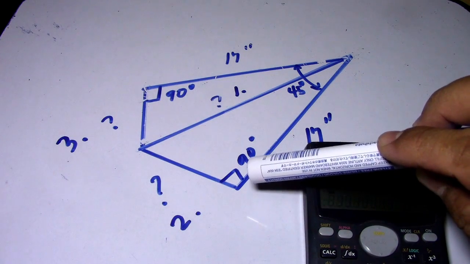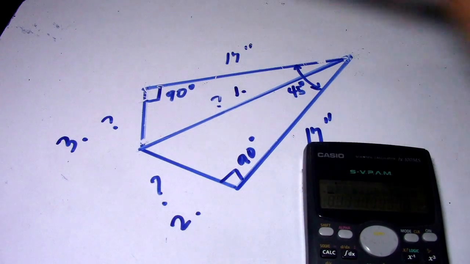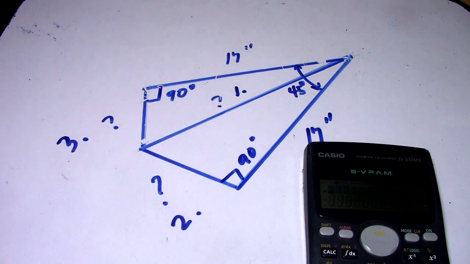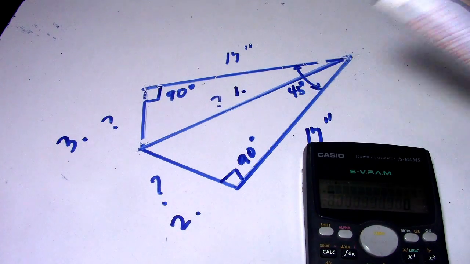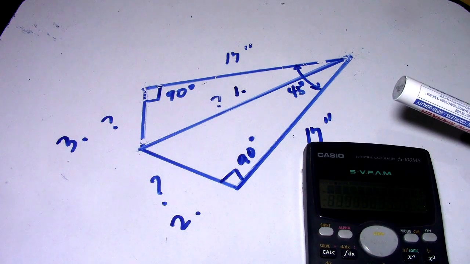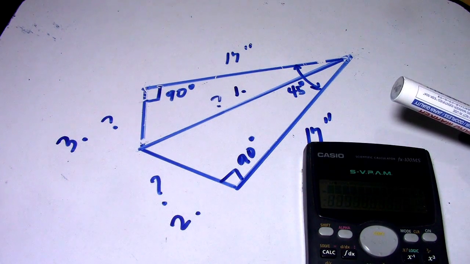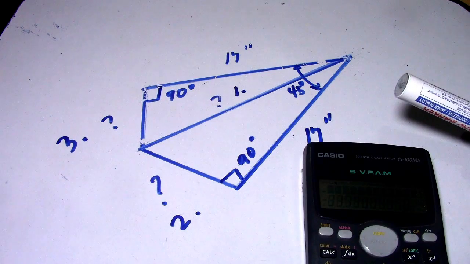This is very important, so please take note of it. We will multiply this 1.414 with the 17 inches given for the 45 degrees.